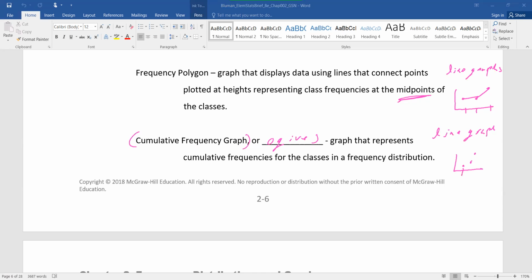Maybe not consistently going up the same, but it should progressively go up. Or it could plateau as well, but you shouldn't have Ogives going downward at any moment. Does that make sense? Because you're cumulative, you're adding them all up, so the numbers should either be staying the same or getting higher, right? All right, so those are our three main ones that we're going to look at.